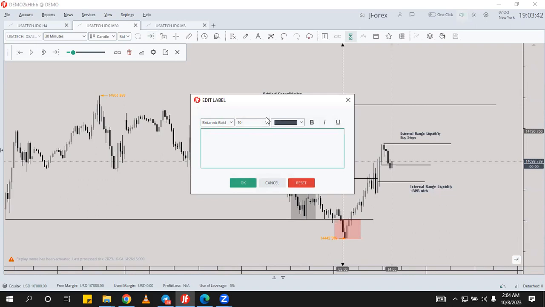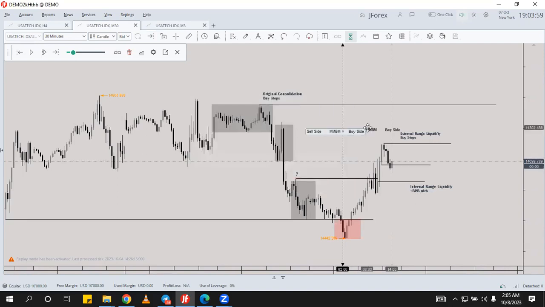So we have, of course, the sell side of the curve. The market maker buy model. Then we have the buy side of the curve, right? Let me just put it there.